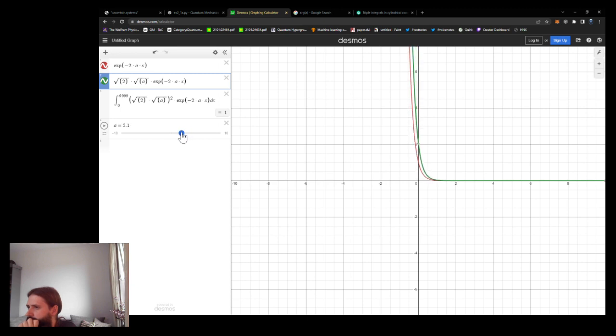The function that we're integrating, remember, is this. So the z values will depend on n, indeed.